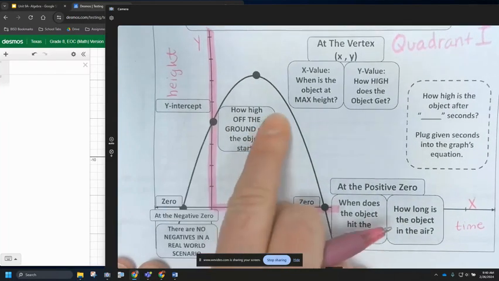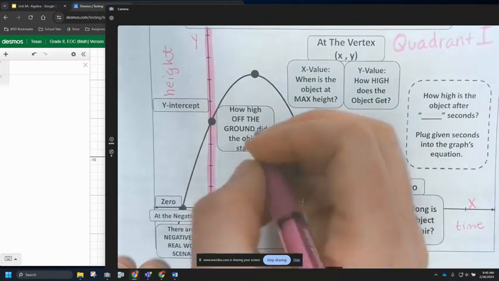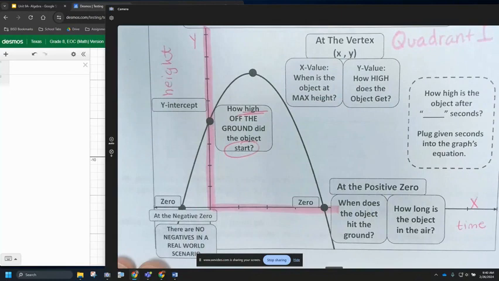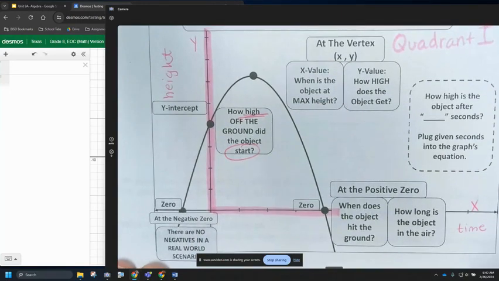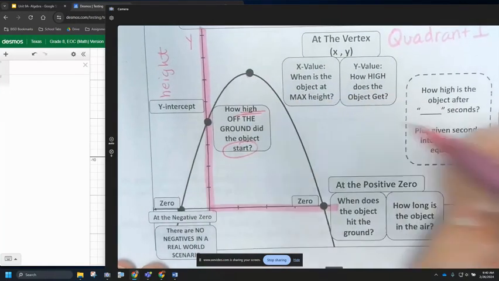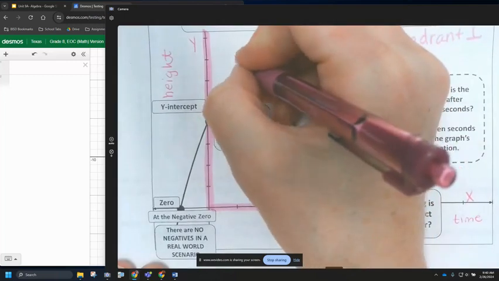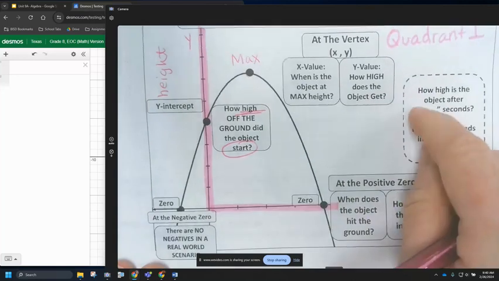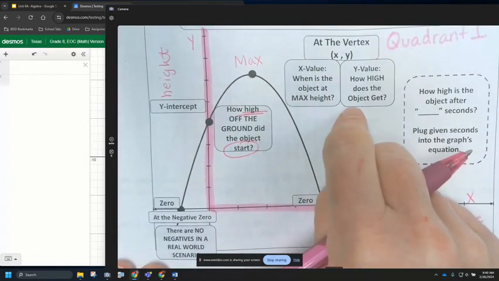So right here is how high off the ground did the object start? Then this is your vertex. It's the point that it changes direction. In this case, it is a maximum value. Your vertex is written as an x and a y coordinate.